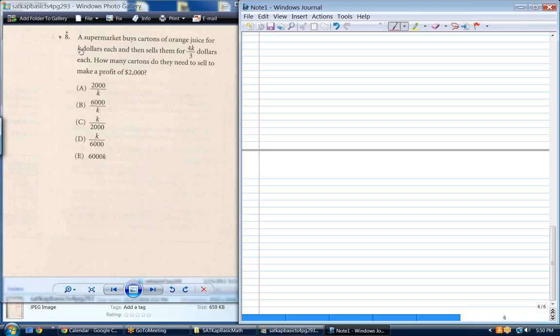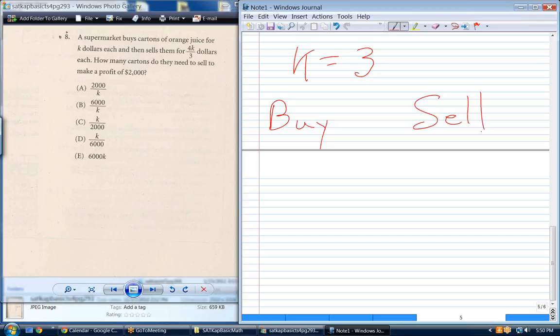Notice that if I say K is 3, how much do I buy it for and how much do I sell it for? I'm picking K is equal to 3. Read the question.